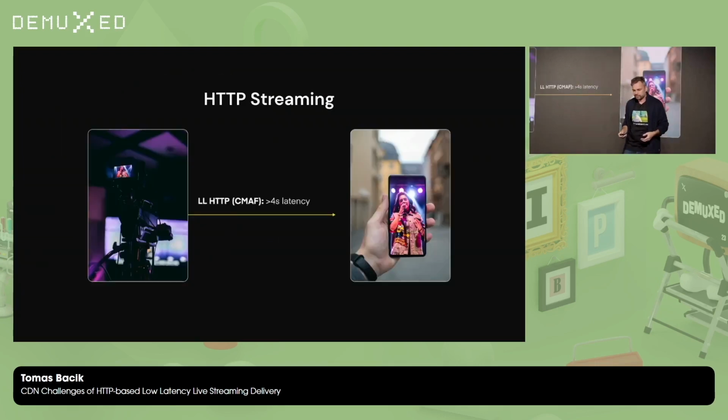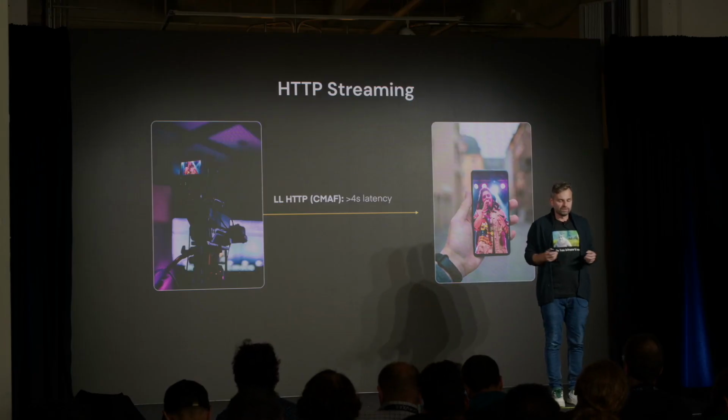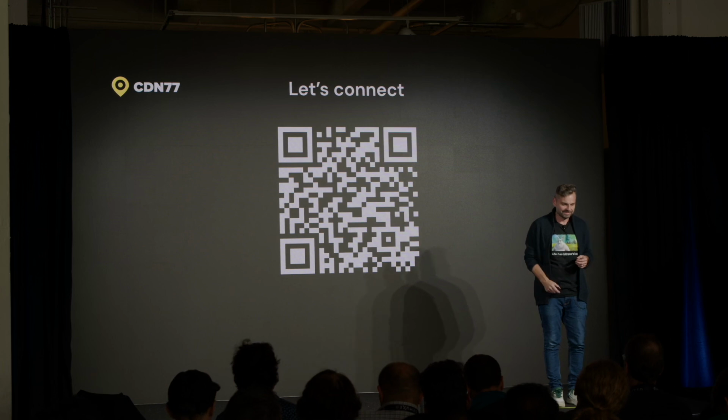So, in conclusion, the technology allows us to deliver low latency live streams over HTTP, but it forces us to be super efficient with the data transfer to make up for the comfort that high latency gives us thanks to those buffers. And with that, I guess we can call it a break. Thank you.